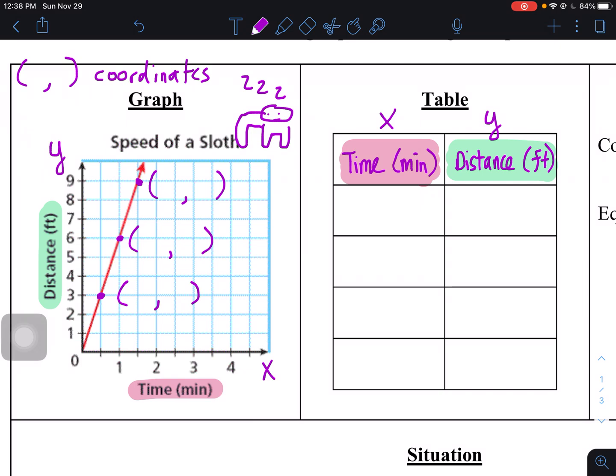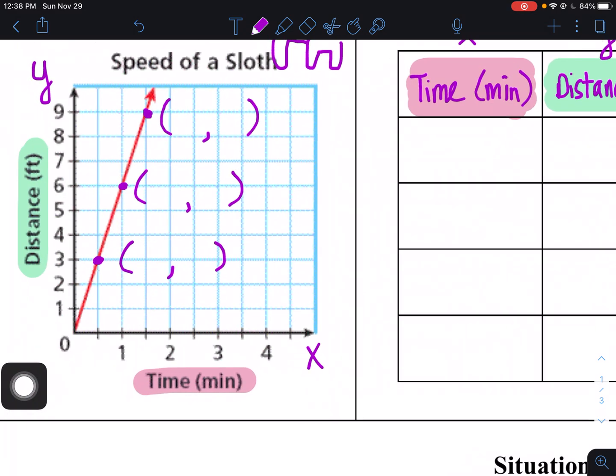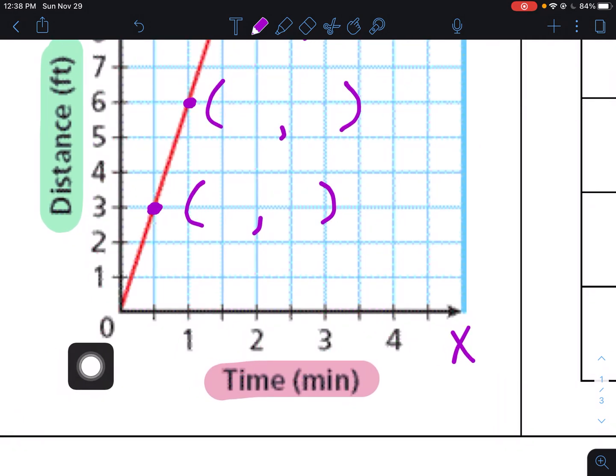To do that, we're going to use the scale that's provided. Notice this scale, it doesn't have these tick marks labeled in between these numbers. But if you think about going from 0 to 1 with a space in the middle, that space needs to be 1/2.